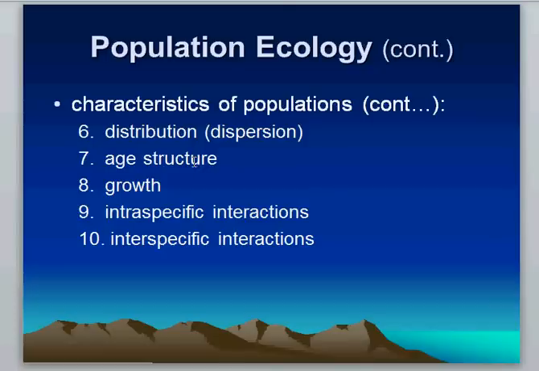The growth rates of the populations, some of the biotic interactions between individuals within the population, which may have important implications for overall population dynamics, and interactions with other species outside of the population, which again may have some very important implications for these other population characteristics like birth and death and so on.